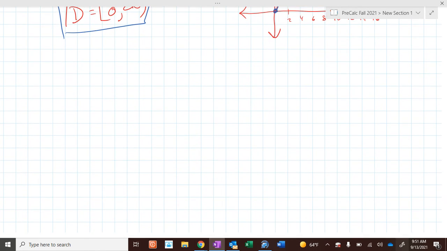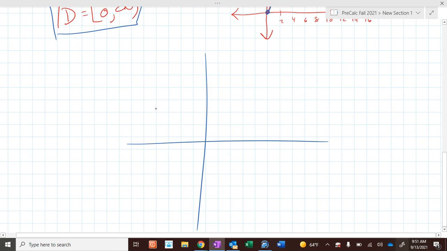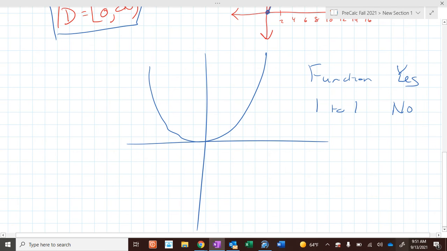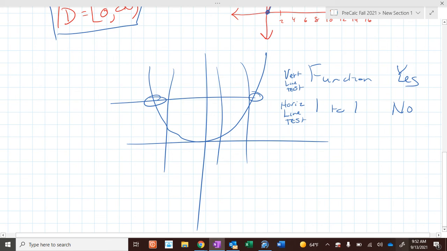Now, a little review from last time. Is this a function? Yes. Is it a 1-to-1 function? And the answer is no. To be a function, it has to pass the vertical line test, which it does. To be a 1-to-1 function, it must pass the horizontal line test, which it doesn't.